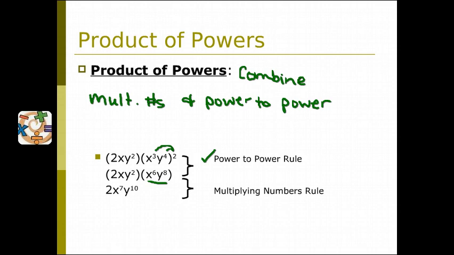From this point on, we're implementing our multiplying numbers rule. When you multiply numbers, you add the exponents on like bases. 2 comes down, and then we combine our 1x plus x to the 6th, which gave us x to the 7th, and then y squared plus y to the 8th gave us y to the 10th.